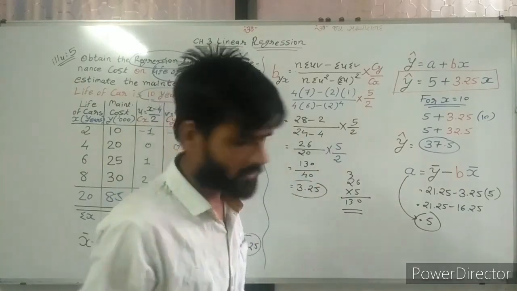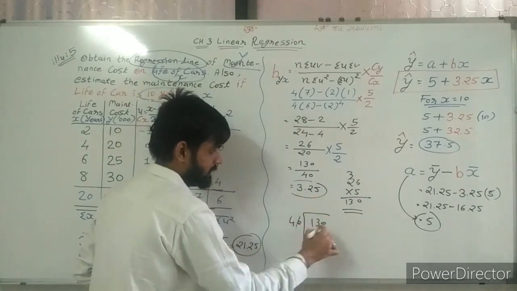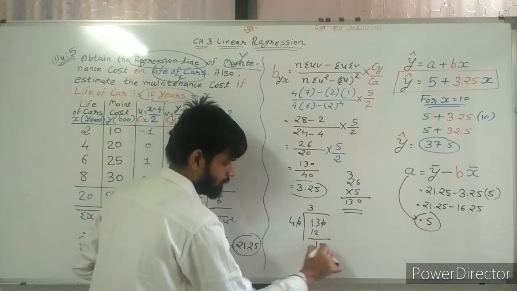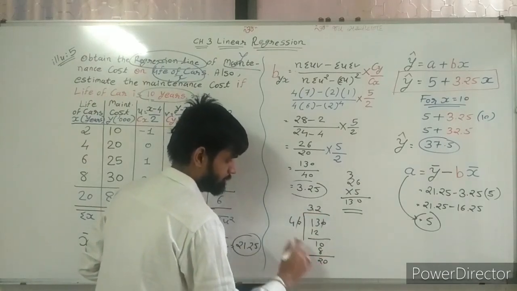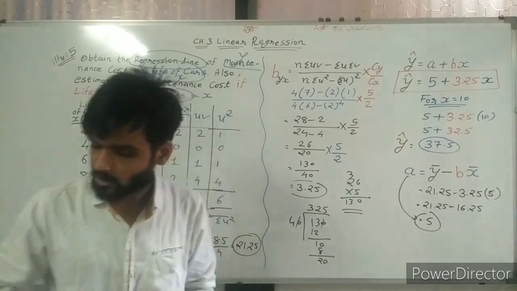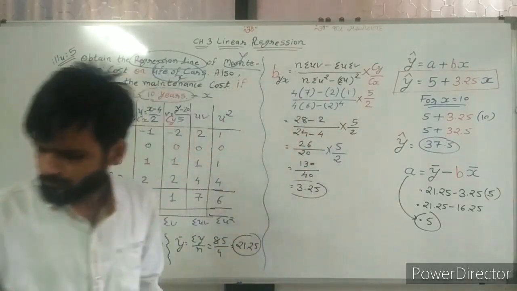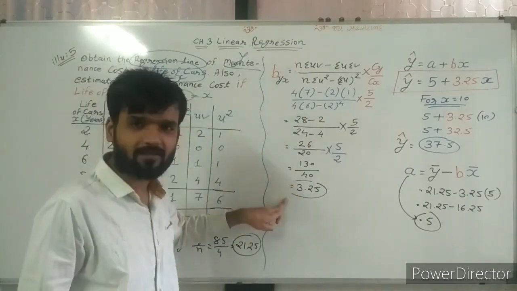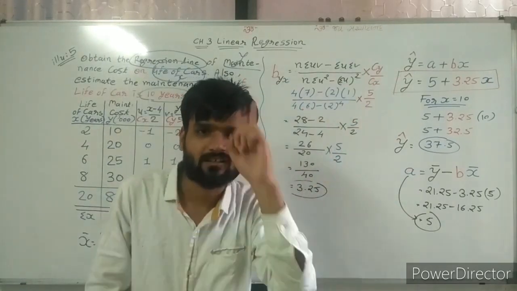So 130 divided by 40, the zeros cancel. 13 divided by 4: 4 3s are 12, 1 remains, 4 2s are 8, again 2, 4 5s are 20. So 3.25 will be your answer. You can do it in your calculator, because the calculator is allowed. So your answer will be the same, 3.25. Now, sir, b is the same, so a will be the same; a and b the same, then all the calculation remains the same.